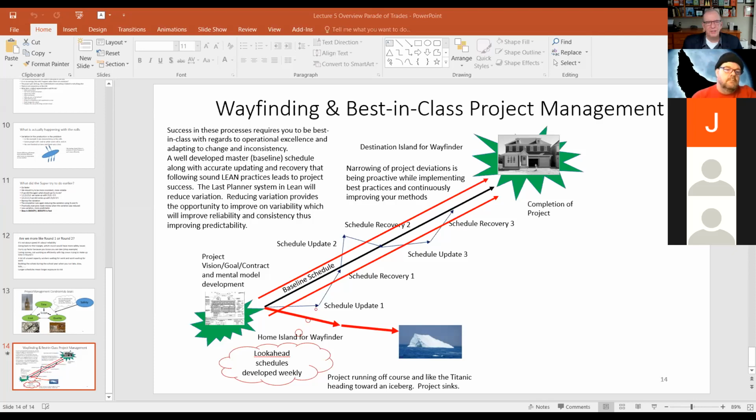Whereas traditional lump sum is very cumbersome in that way, given the way we have developed contracts. So Agile is trying to make sure that you're able to respond much more flexibly. If we're talking about the last planner system, it's much easier to respond in an Agile way when changes are occurring, because you're used to working collaboratively.